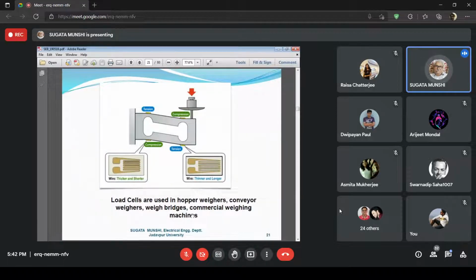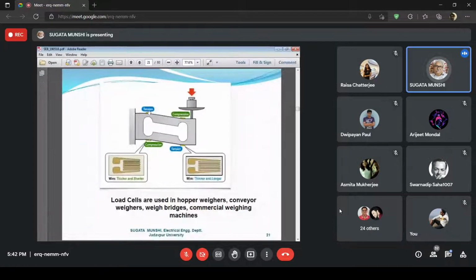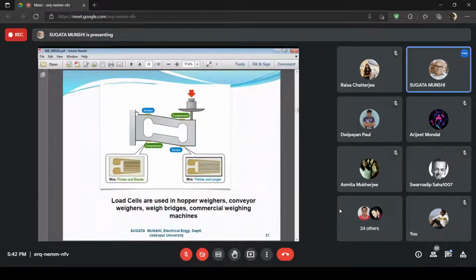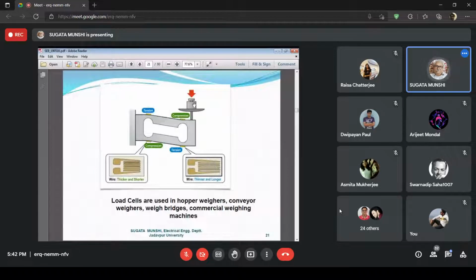Now remember that this is a typical load cell. A load cell consists of an elastic member of steel, supported at one end. This is the pan on which the weights that you want to measure are placed.